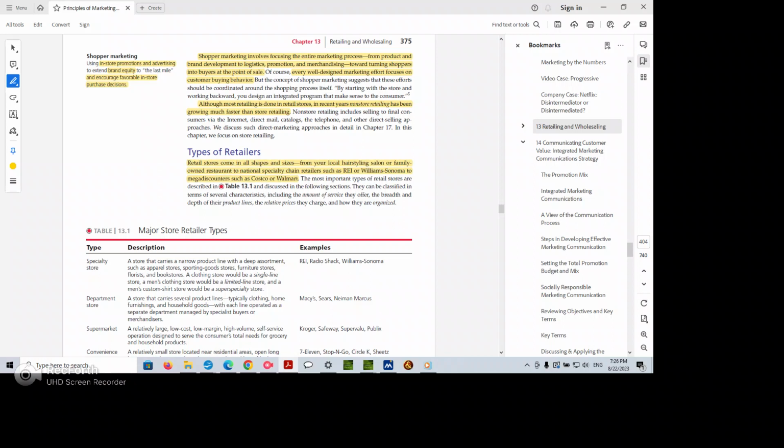All right. The important thing to remember about retailing is it's direct-to-consumer sales. Okay? There are different forms, there are different formats. Basically, in principle, that's what it is.